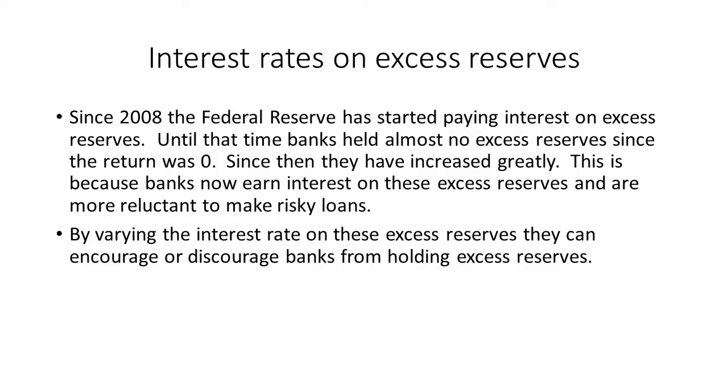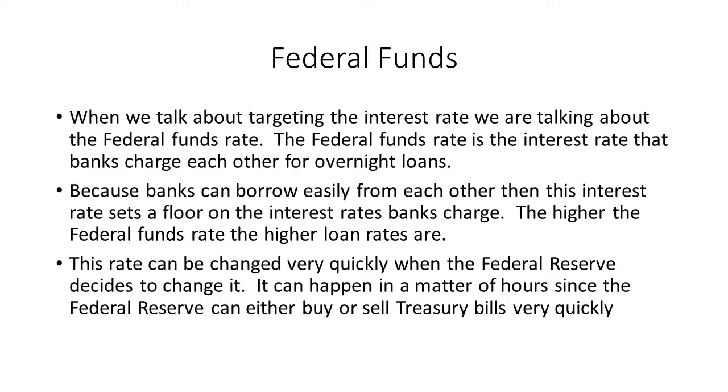The Federal Reserve resorted to stopping them from loaning out massive amounts to bad loans and maybe expanding the money supply way too fast. They started paying interest rates on those excess reserves. So, excess reserves have essentially jumped from zero into the trillions. By varying the interest rate on these excess reserves, they can encourage or discourage banks from holding excess reserves.